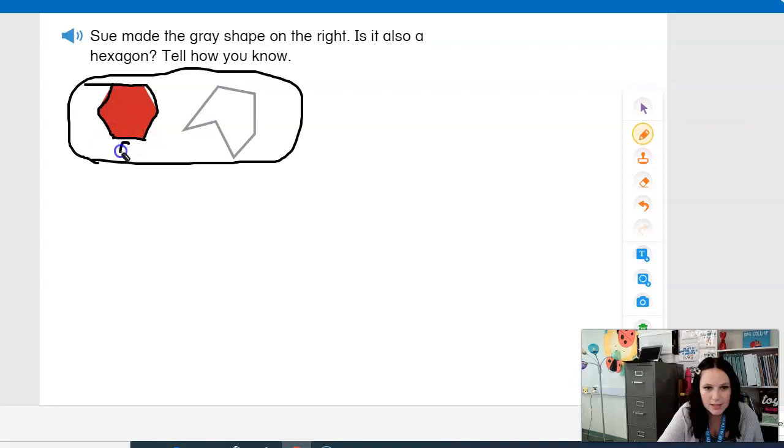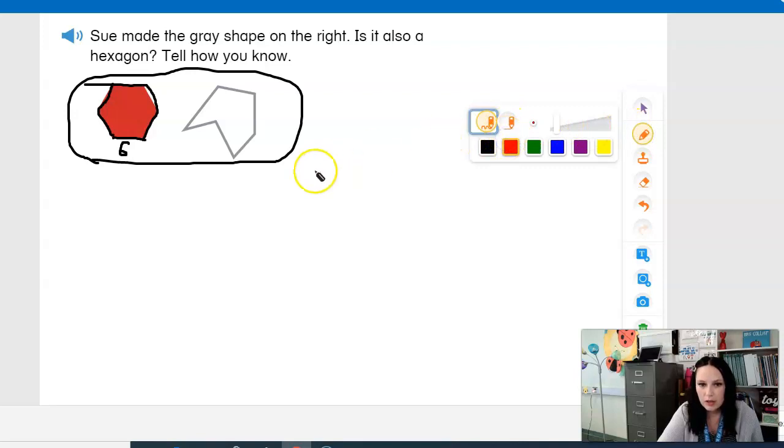So this has 6 sides right here. So this shape here is a hexagon because it has 6 sides, but it also has 6 vertices. So 1, 2, 3, 4, 5, 6. So our question was if this shape that Sue made was also a hexagon.